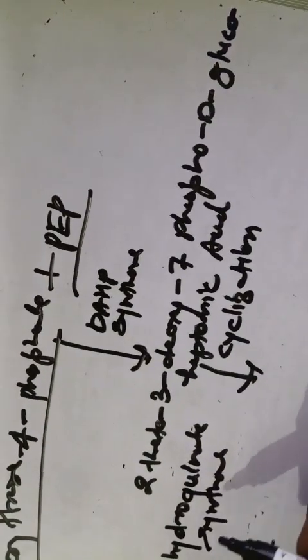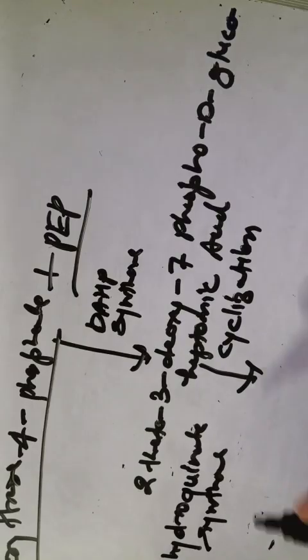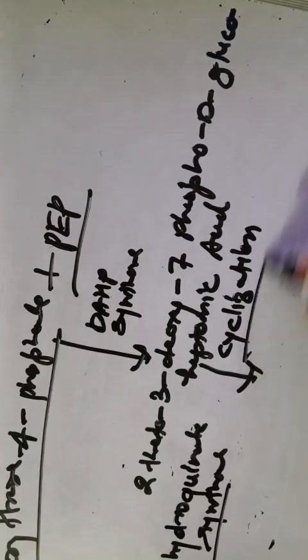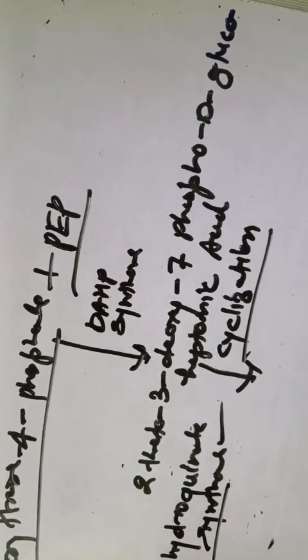What enzyme have we used? We have used 3-dehydroquinate synthase. This is the enzyme used for the cyclization of 2-keto-3-deoxy-7-phospho-D-glucoheptonic acid. By using this enzyme, a cyclic compound is formed.